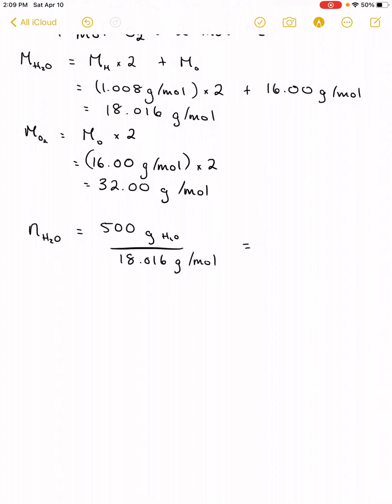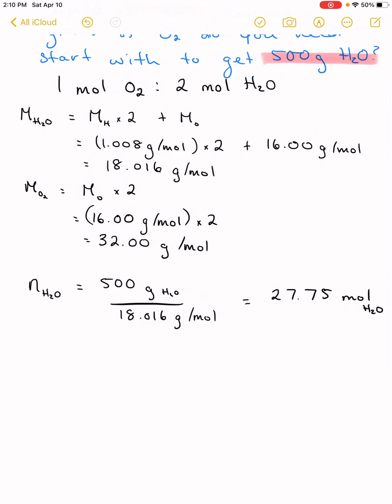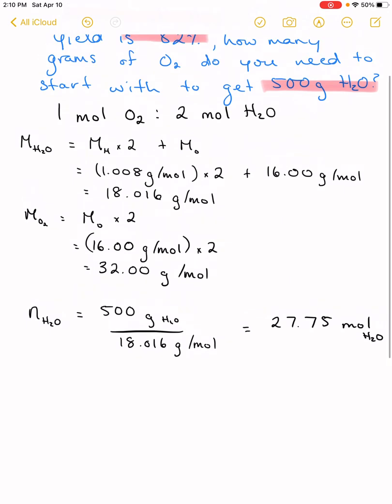And that is going to give us a value of 27.75 moles of H2O. So that's what we're aiming to have produced in this question.